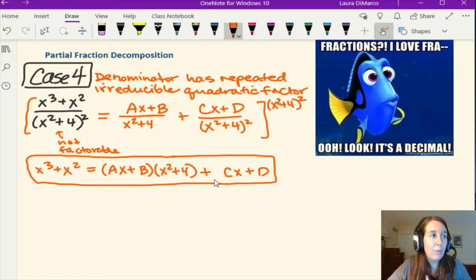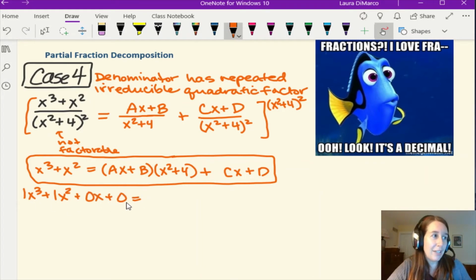And then how would we eventually figure out what A and C were? I don't see it happening. So I think we have to use a system. But this one looks like a pretty easy one. So over on the left, we actually have 1x cubed and 1x squared. The coefficients of those are now 1. And we have 0x and 0 as our constants.